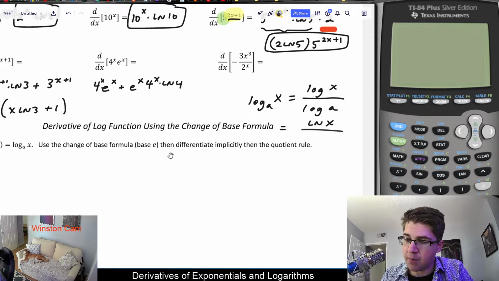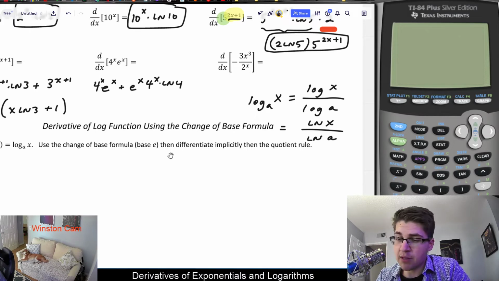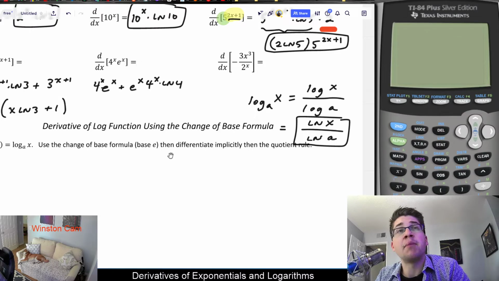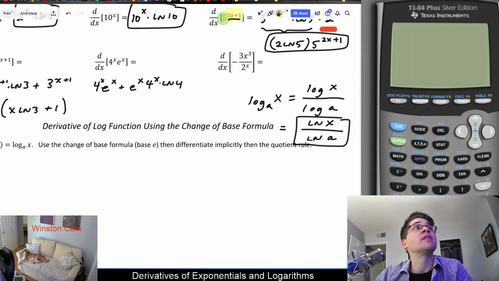It's equivalent no matter what the bases are; it's equal to a ratio of the logs of the input and the base. So basically, log base a of x is equal to the natural log of x divided by the natural log of a.